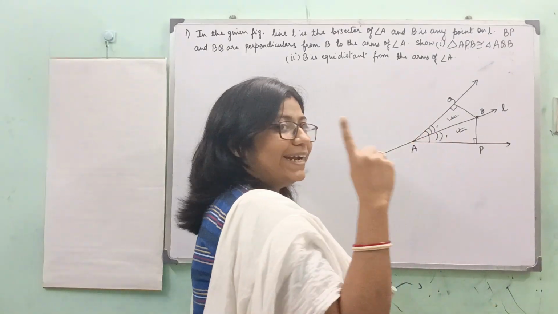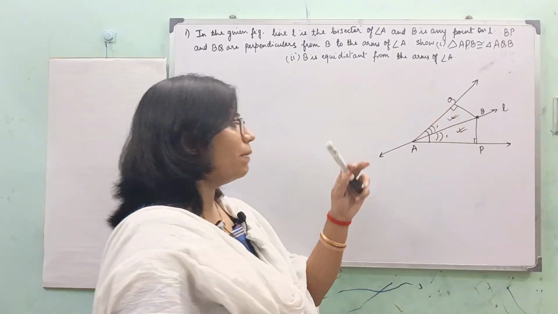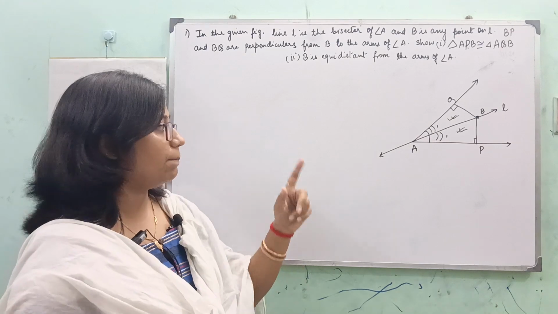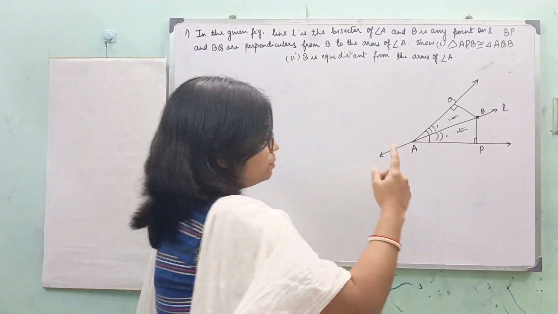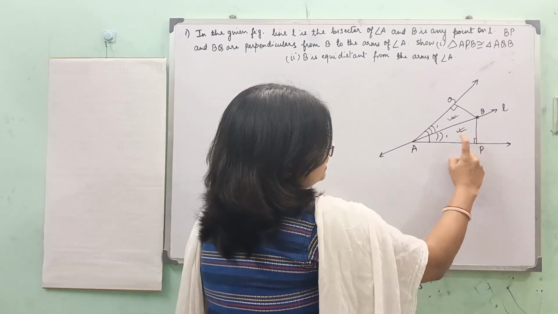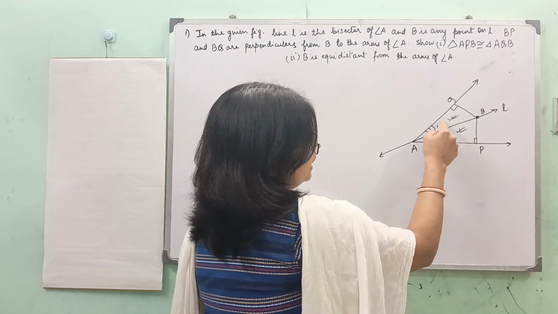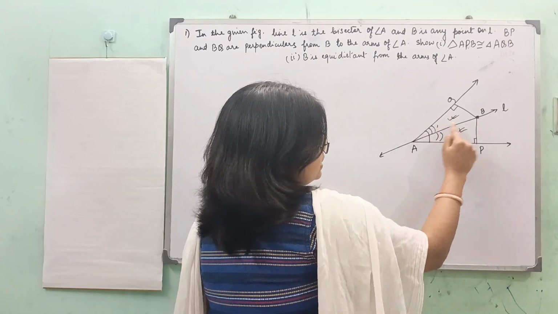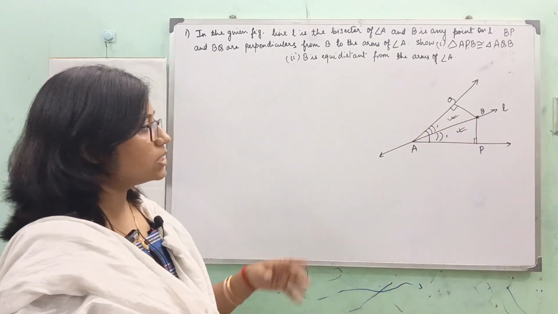If it is angle side angle, meaning the included side, I have to take AP and AQ. No mention about AQ being equal to AP. So the only possibility is AAS, which means if we have 90 and this angle, 90 and this angle, this bisected part of this angle and this angle is the same, you can see the part AB is common to both.